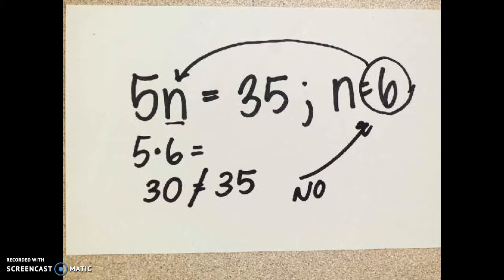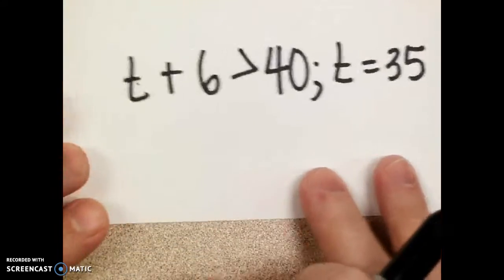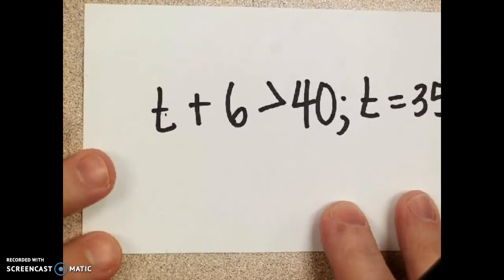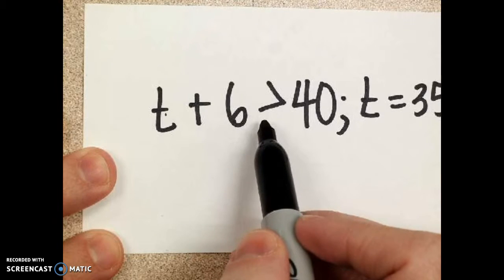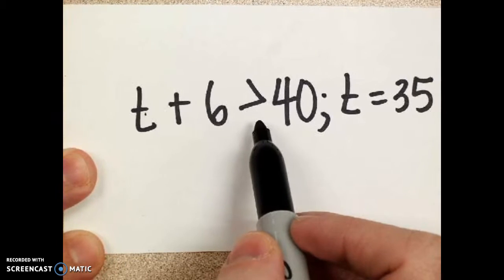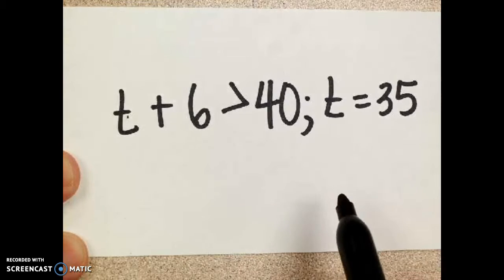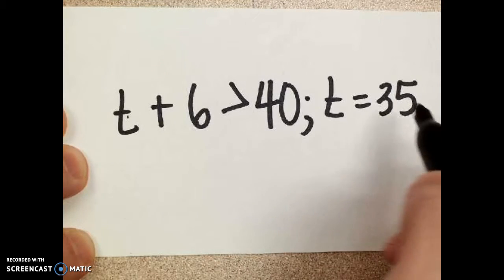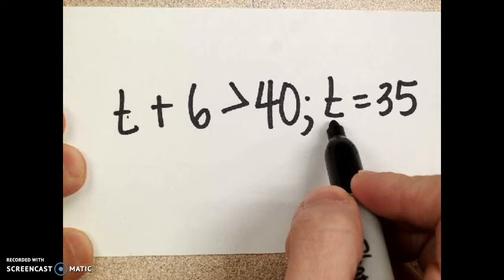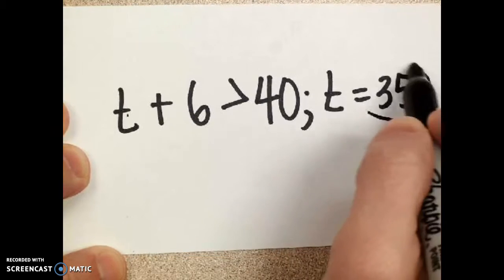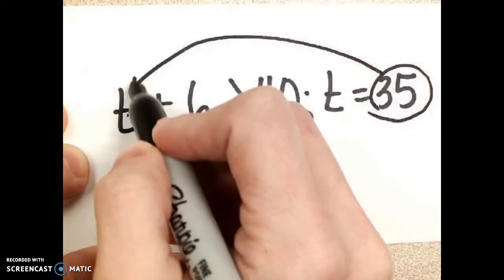So our goal today now is to use this with inequality signs. So if we take a look at our next problem, remember these inequality signs are the greater than, less than, greater than or equal to, less than or equal to sign. So we do the exact same thing here that we did in the last problem by taking the value that they say the variable is and we plug it in for the variable.